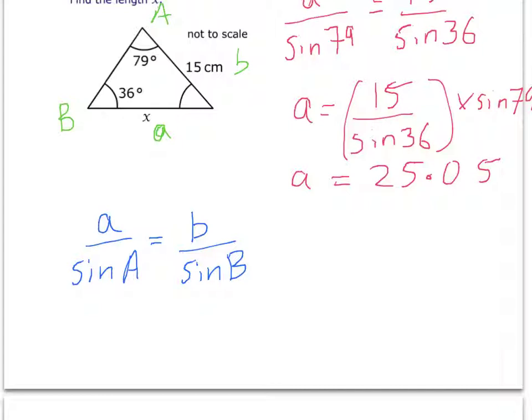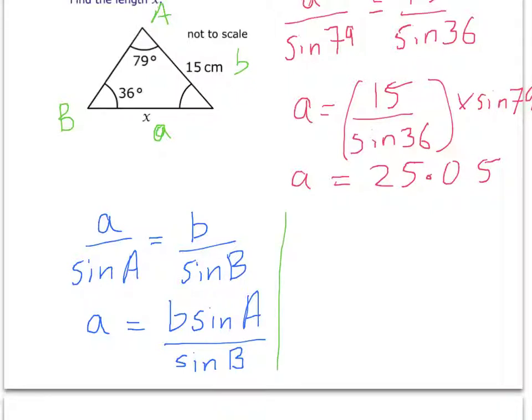So let's rearrange this a bit. Let's try and make sine A the subject of this equation. To do that, we're going to times through both sides by sine A. That means we're going to be left with a equals b sine A over sine B.